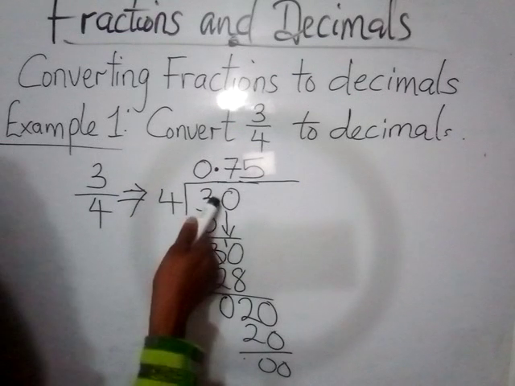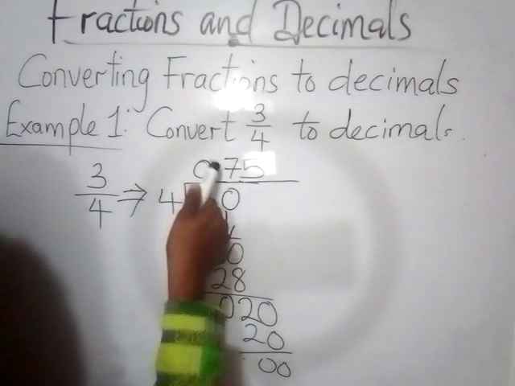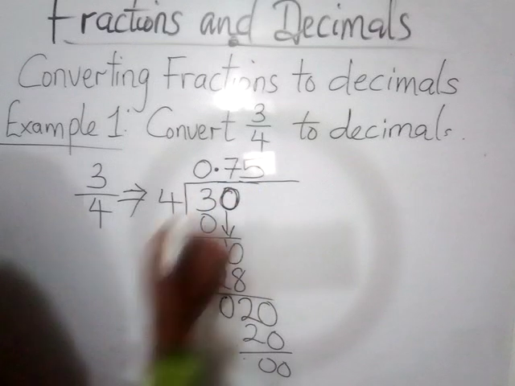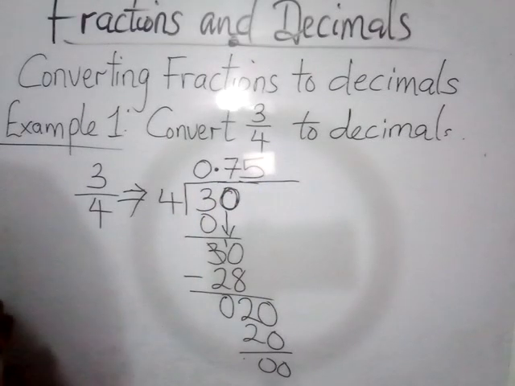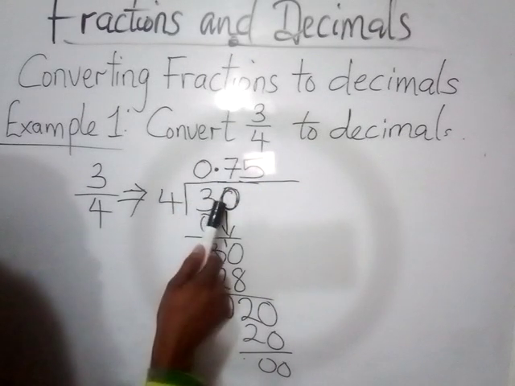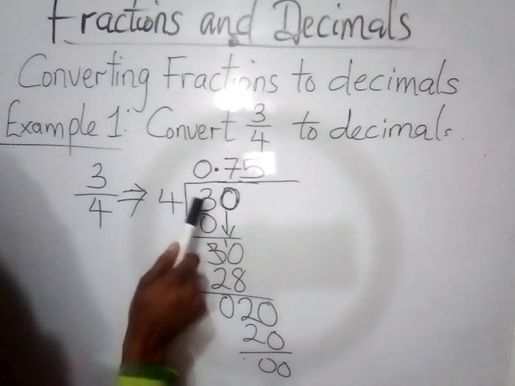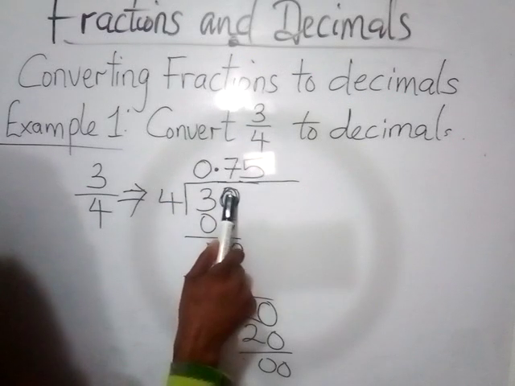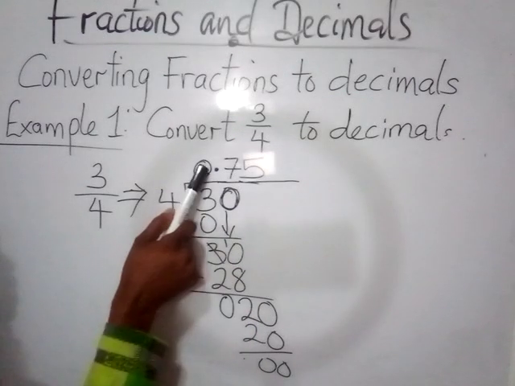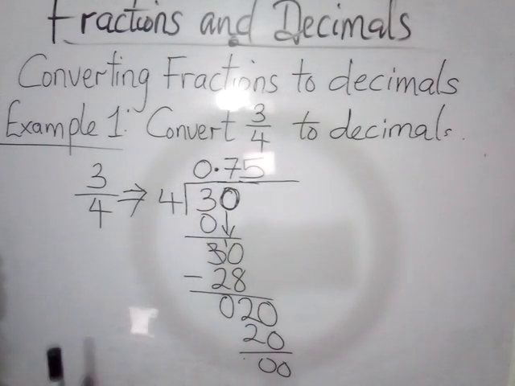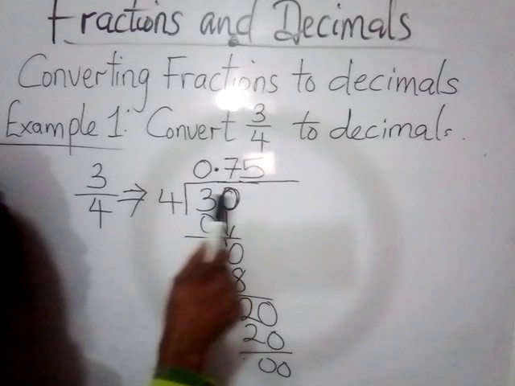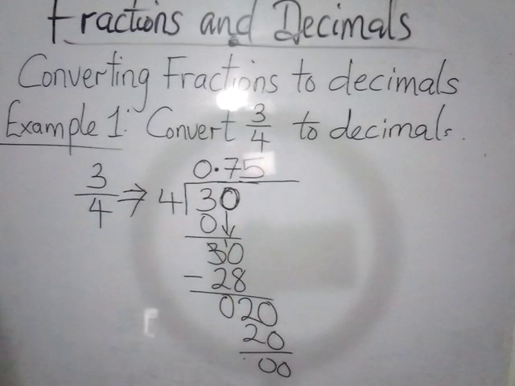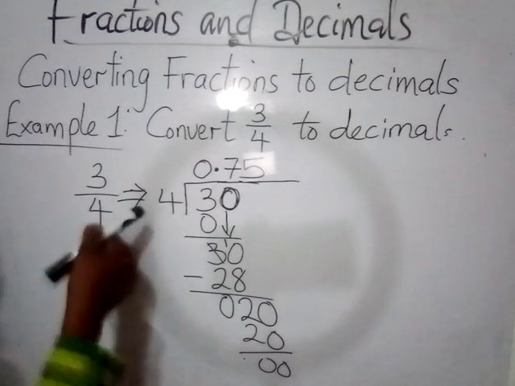By writing this 0 and a point, you have already shown that this number can be divided by the divisor, and you have helped it by adding 0 to it. So now you have a new number here. This 0 has empowered 3, so we can now divide 30, the new number, by 4.